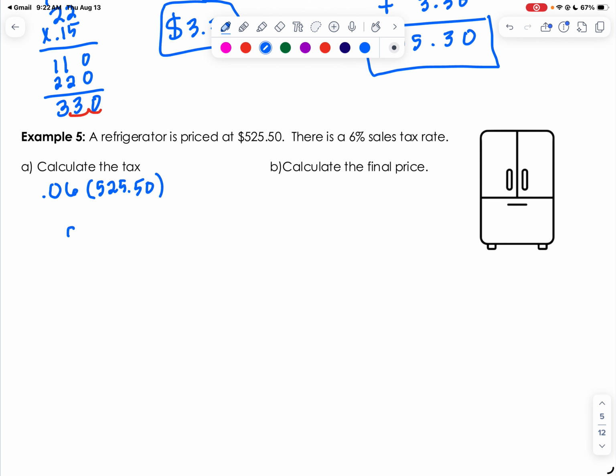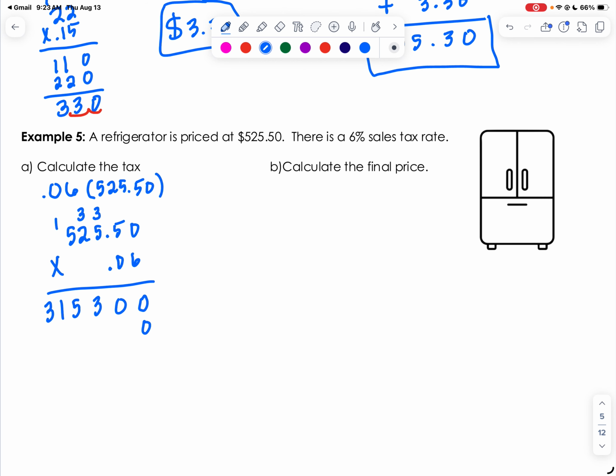Welcome back. Let's see how you did on calculating the tax. 525.50 times 0.06. 6 times 0 is 0. 6 times 5 is 30. Carry the 3. That would be 33. Carry another 3. 6 times 2 is 12. Plus 3 is 15. Carry the 1. 31.